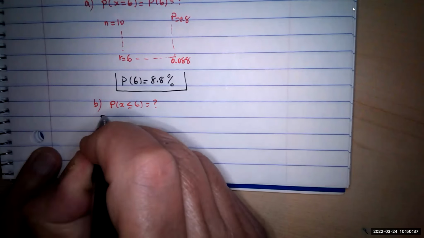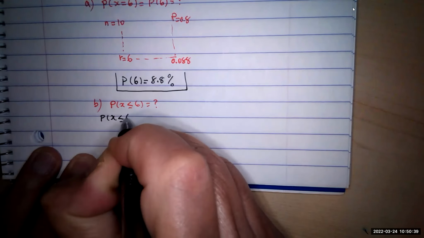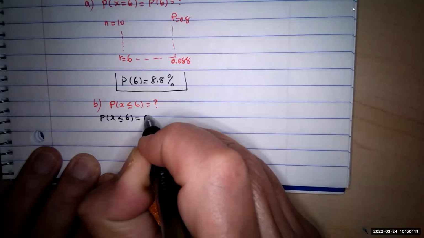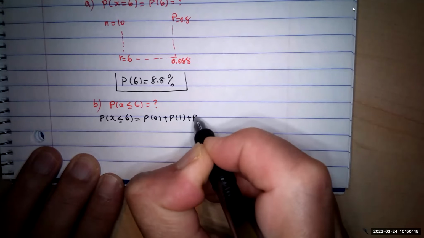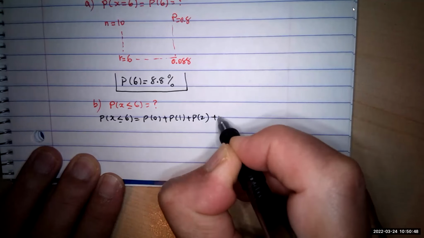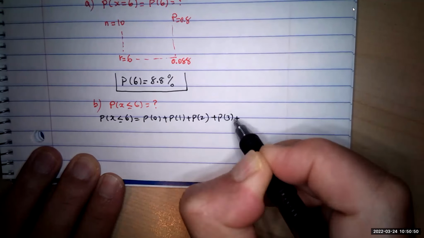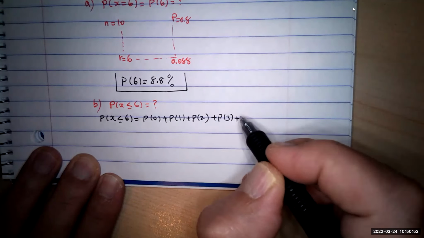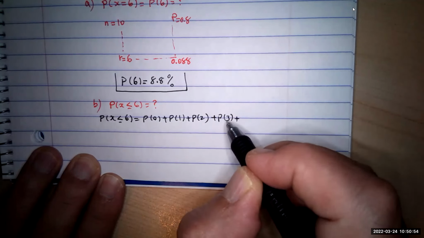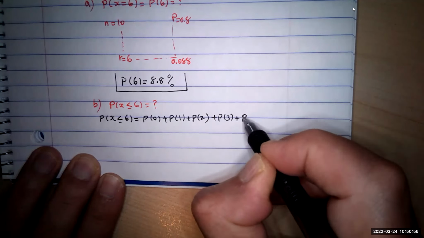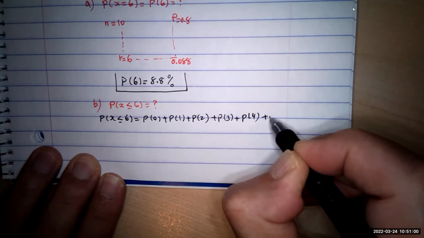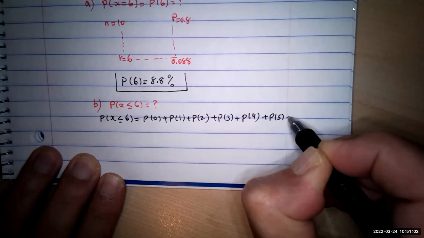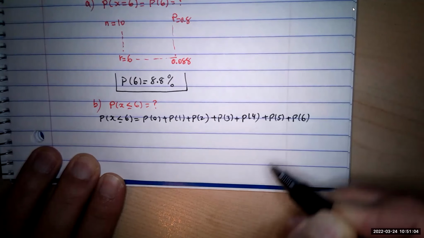So the probability of X less than or equal to 6 means P of 0, P of 1, P of 2, P of 3, P of 4, 5, and 6.